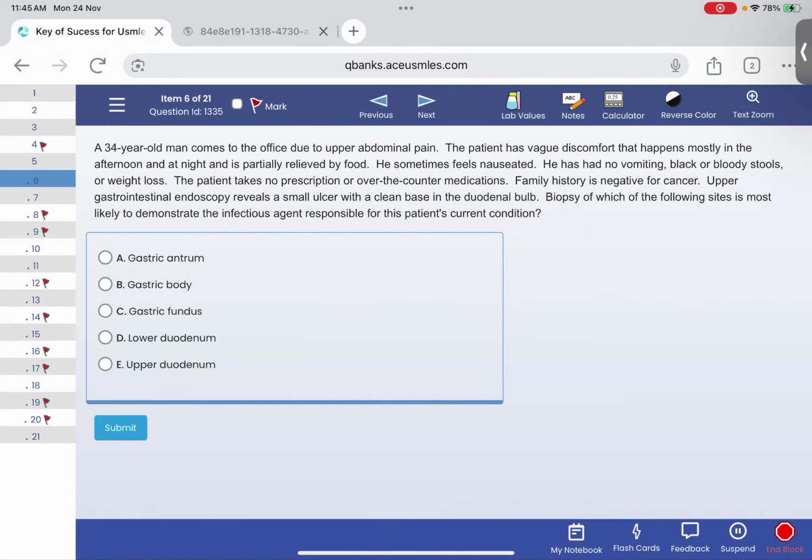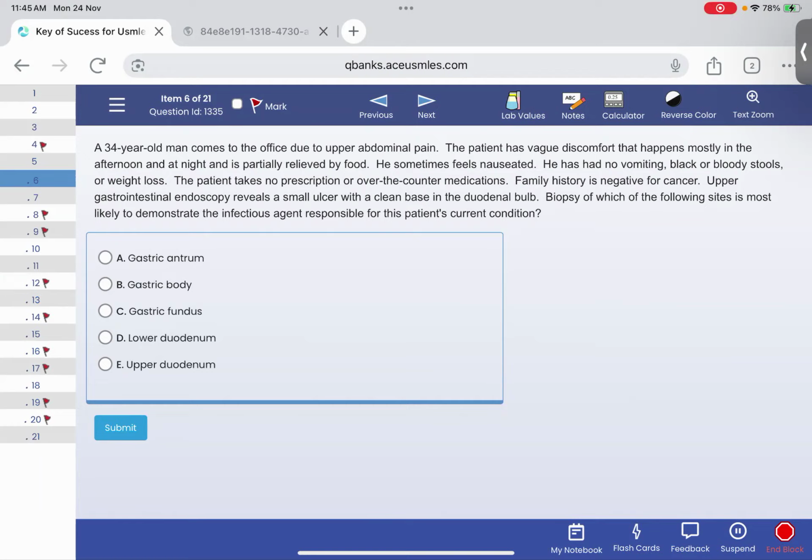He sometimes feels nauseated and has had no vomiting, black or bloody stool, or weight loss. The patient takes no prescription or over-the-counter medication. Family history is negative for cancer. Upper gastrointestinal endoscopy revealed a small ulcer with a clean base in the duodenal bulb.